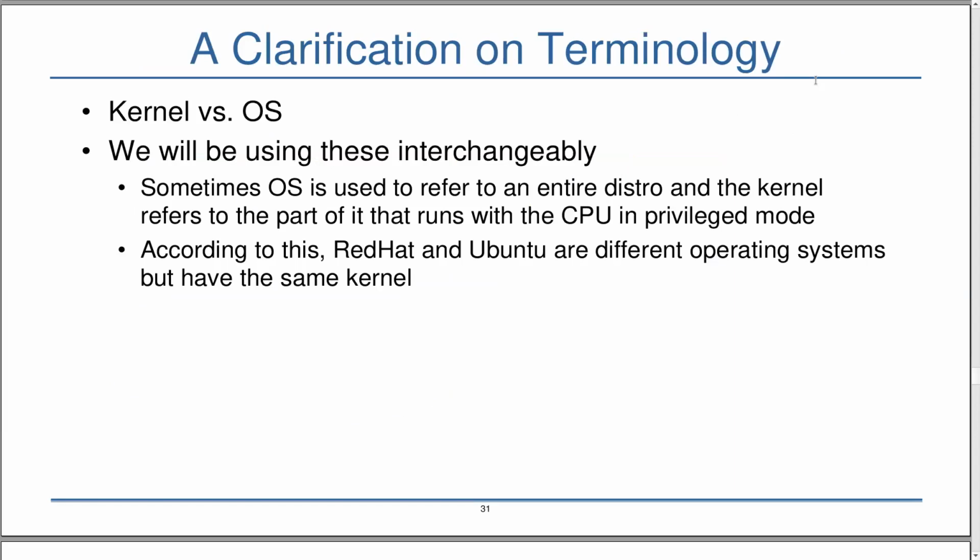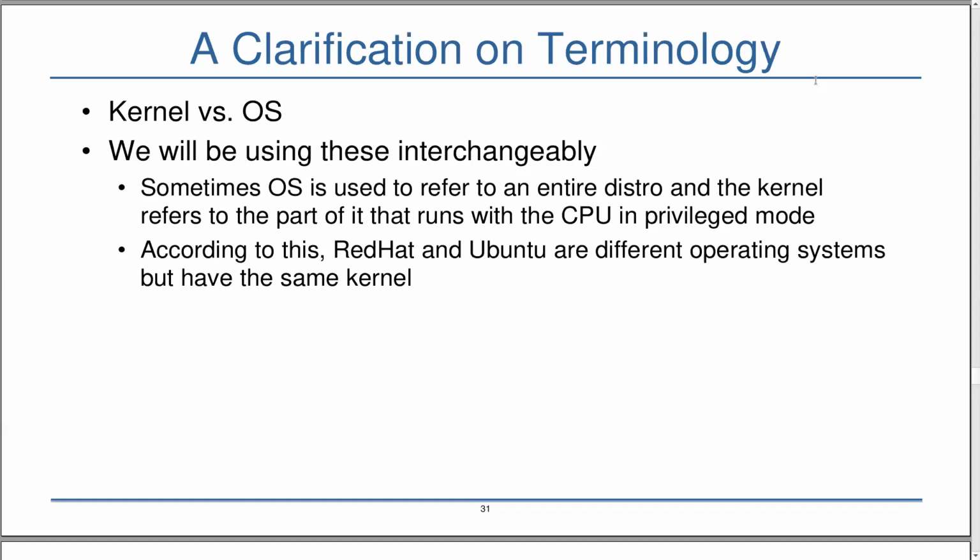You still have a little bit of time, just let me complete a couple more slides. Just to clarify, when I say kernel and OS, we'll use this terminology interchangeably. Sometimes OS refers to the entire distribution, like a Linux distribution such as Ubuntu, Red Hat, Fedora, or Debian.